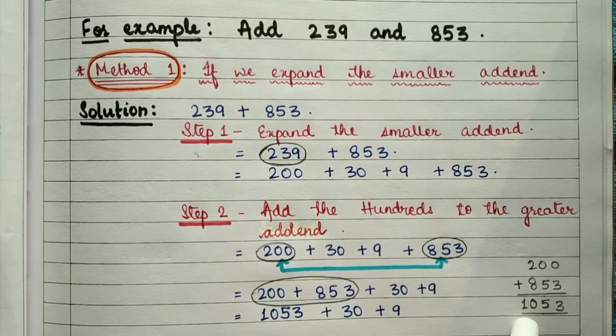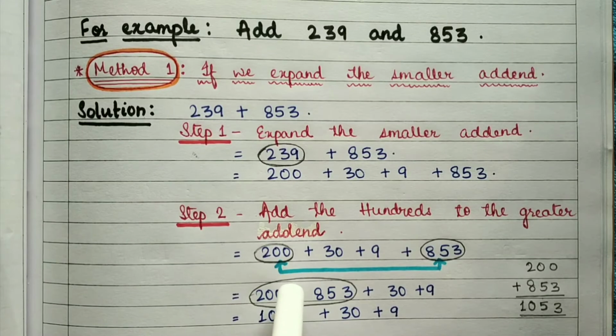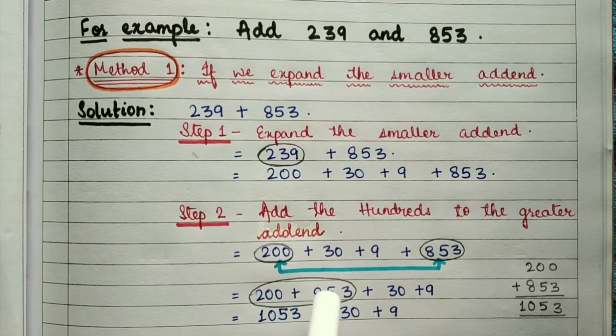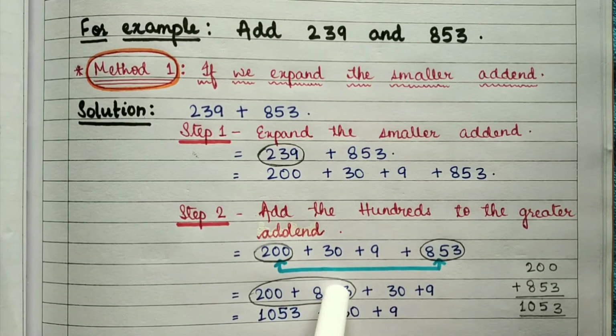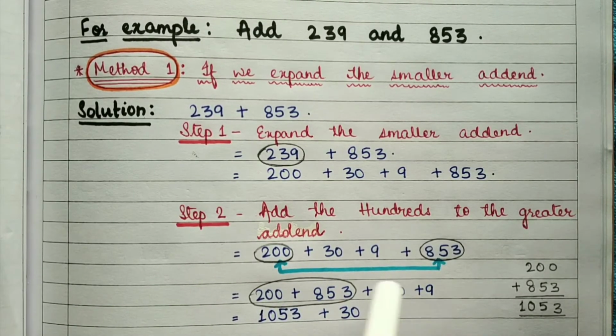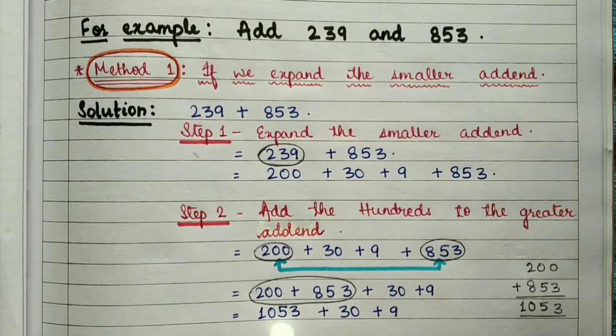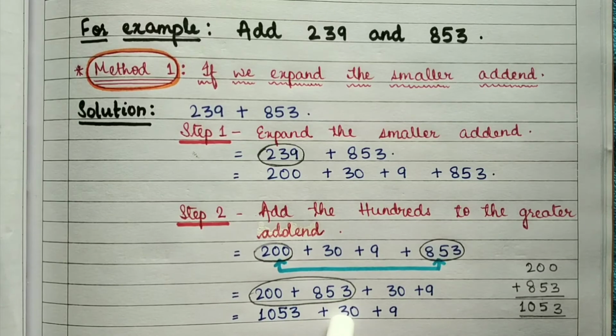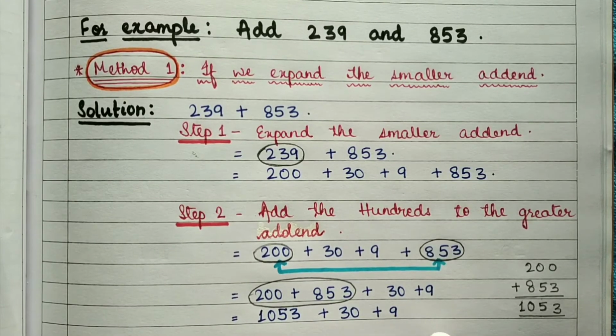Children, this addition, the rough work, must be shown on the right hand side. So here we are adding 200 and 853 and we will also write the remaining addends in the same line. So 200 plus 853 gives us 1053, plus 30 plus 9. This is step number 2.